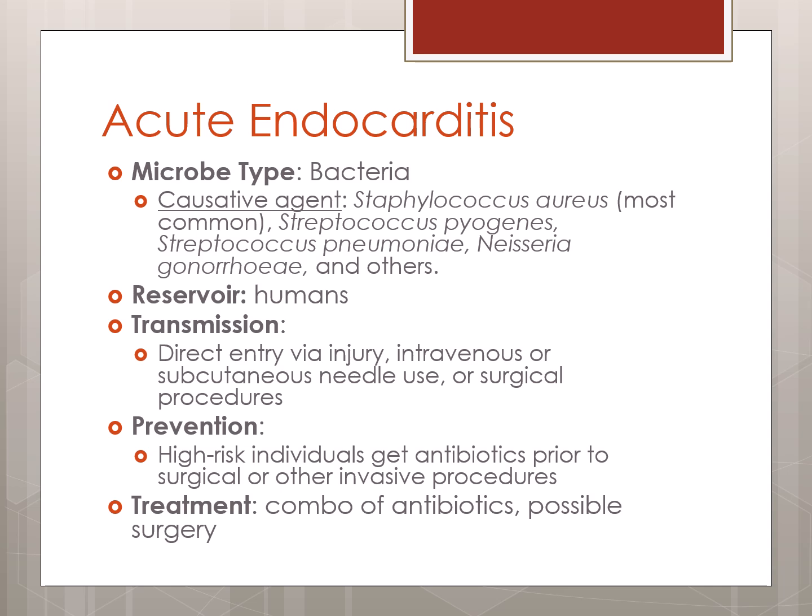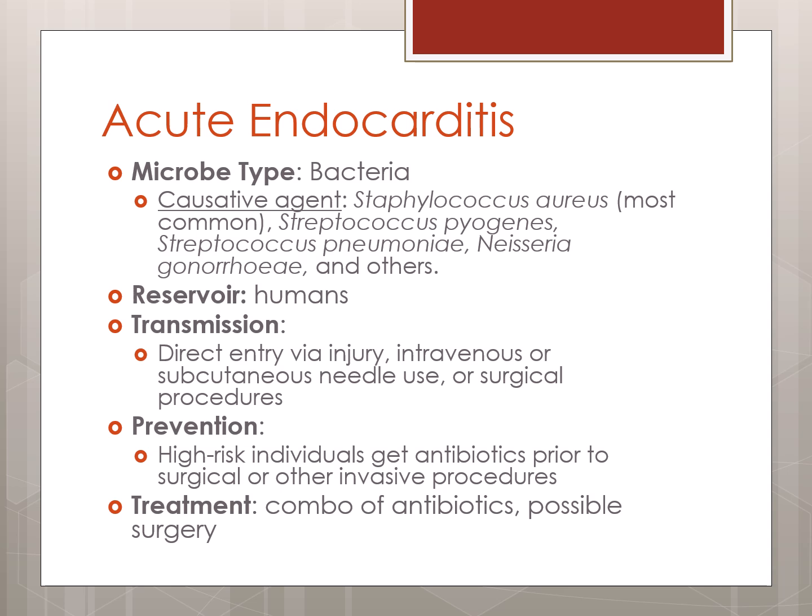So this is kind of an unfortunate situation that it usually happens in hospital settings, but that's just the way that it is. The prevention is usually with individuals that are high risk, or maybe they're immunocompromised, but we know they're getting a surgery.